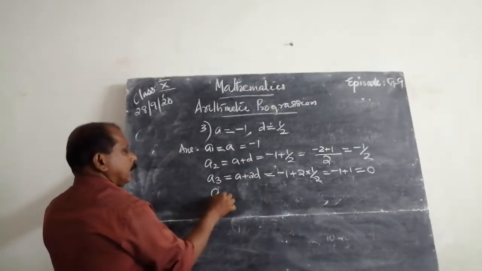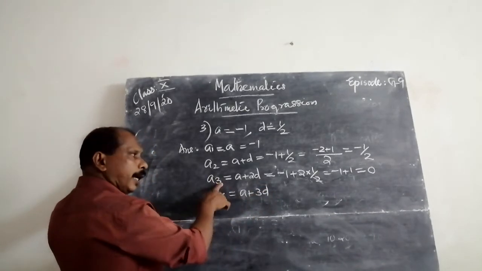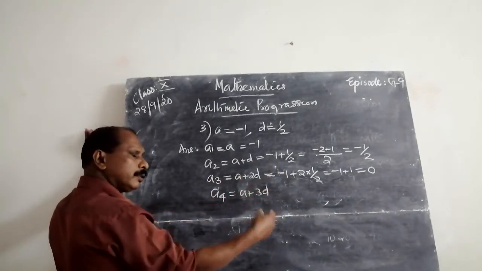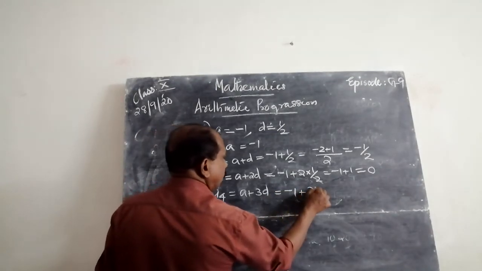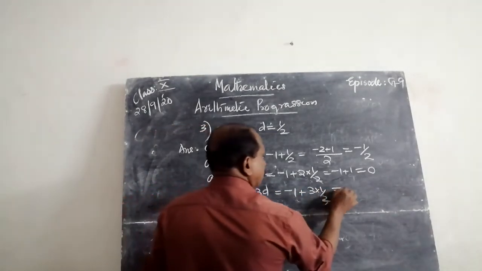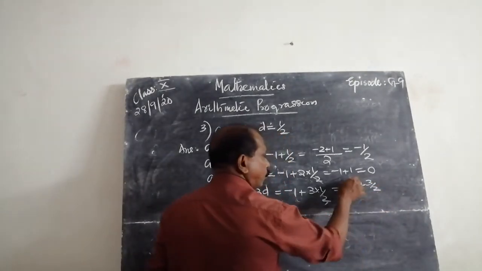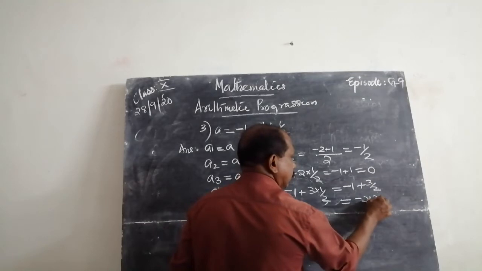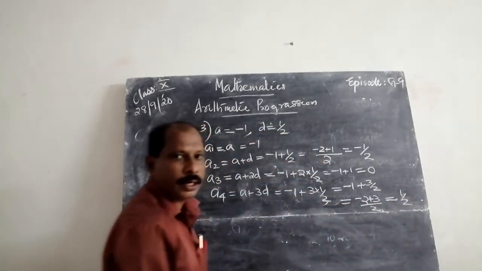Then A4 is equal to A plus 3d, or A3 plus d, that is equal to minus 1 plus 3 into 1 by 2, is equal to minus 1 plus 3 by 2, LCM 2, that is minus 2 plus 3 by 2 is equal to 1 by 2. Okay?